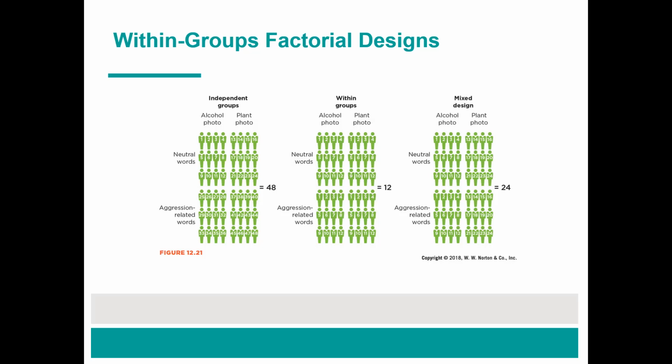You can also see that a mixed design, which we'll discuss in more detail, is a mix between these 2 design types, where one independent variable is measured as a between subjects variable, and the other is measured as a within subjects variable. This method requires a moderate number of participants compared to both other methods.